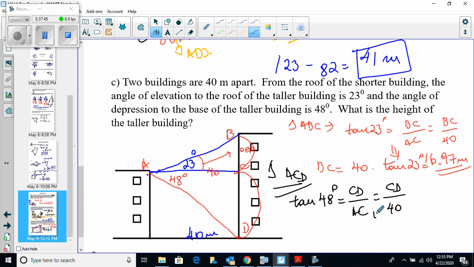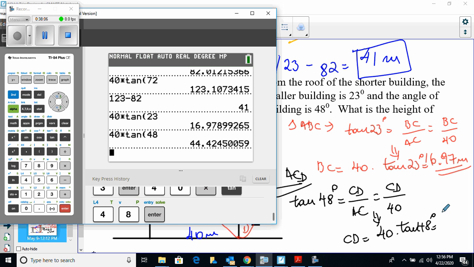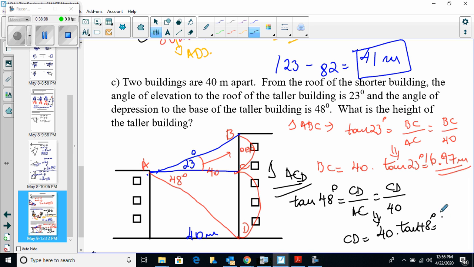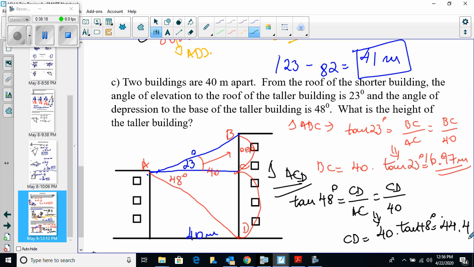And from here, CD will be 40 times tangent 48 degrees, which when you use your calculator, you will see is 44.4 meters.